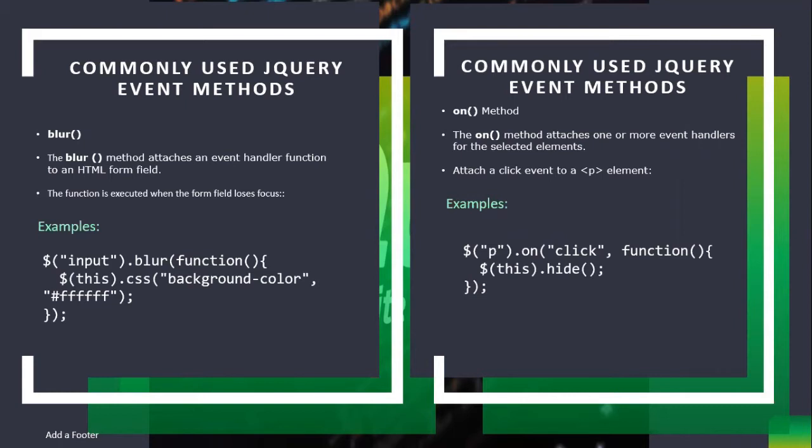So we have an example: a p element on click. So this is the event. So now we have a function, and on click it will hide.